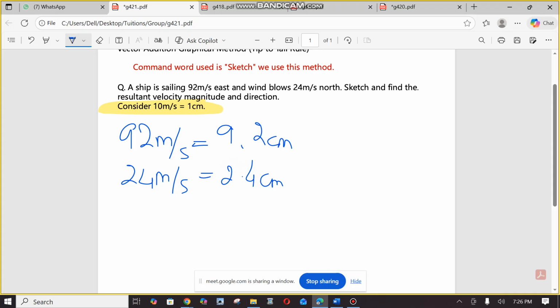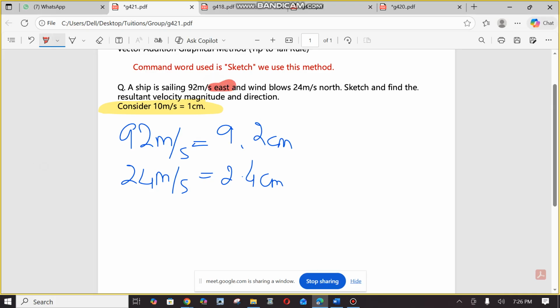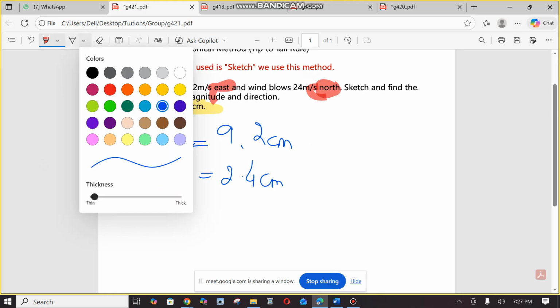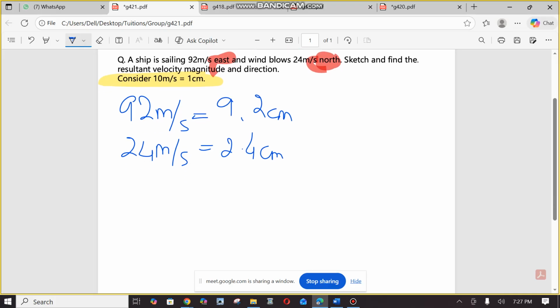Now, if we have these two, then we also know the directions which are given over here. 92 meter per second is east and 24 meter per second is north. It doesn't matter which one I draw first. I can draw the east one or the north one, but the rule is to draw tip to tail.